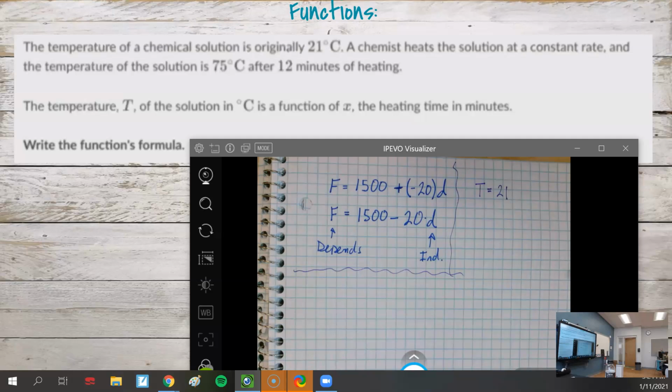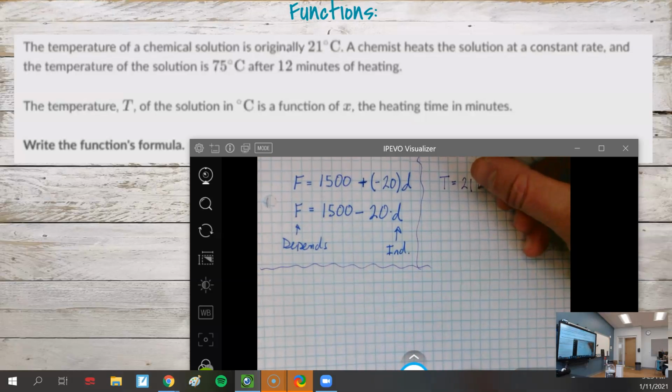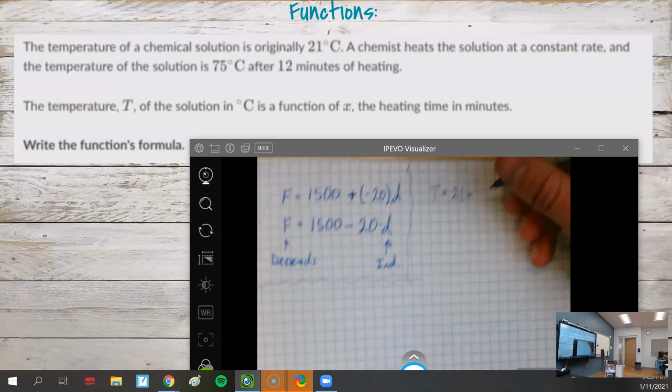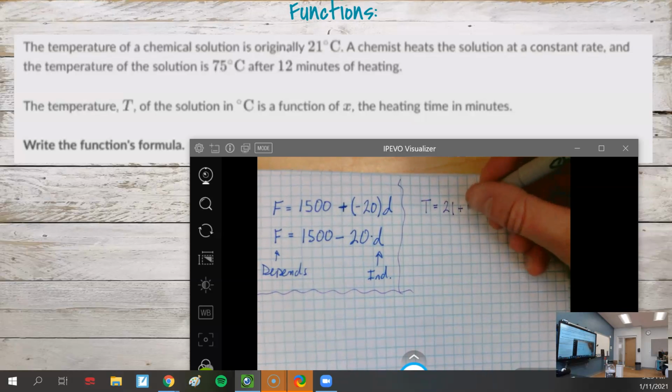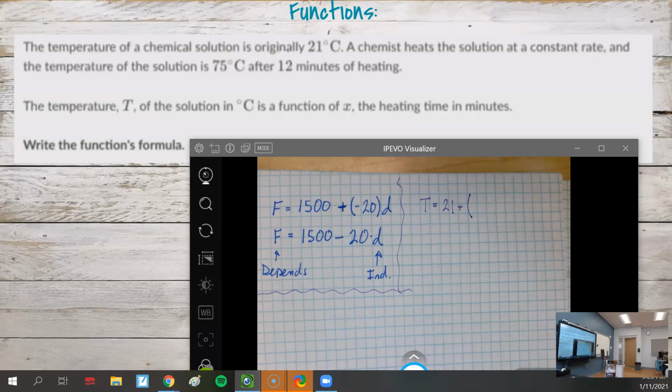So that's the slope? So the slope is 75? No, that's not the slope. So we have to find the slope. So we know our temperature is going up, and it went up by, well, it didn't go up by 75, it went up to 75.